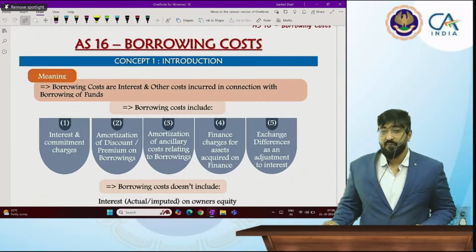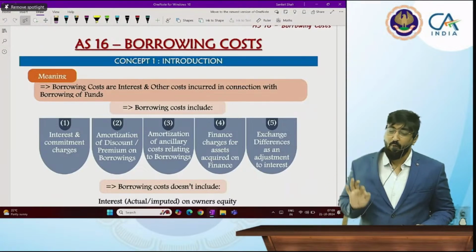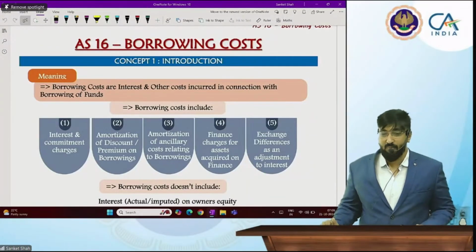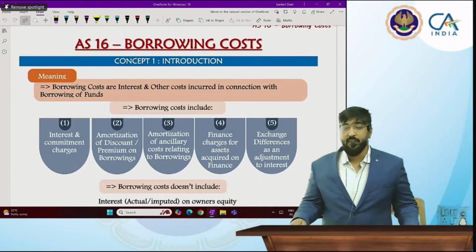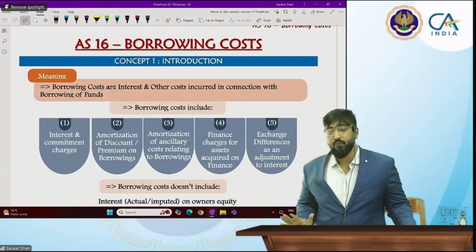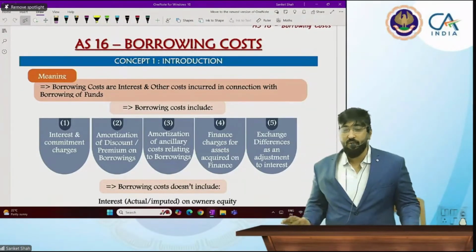Practice. What do you have to practice? Reading and writing the accounting language. Only and only reading the 100 pages book. If you revise it properly, the 100 pages book is a solution for all your problems.